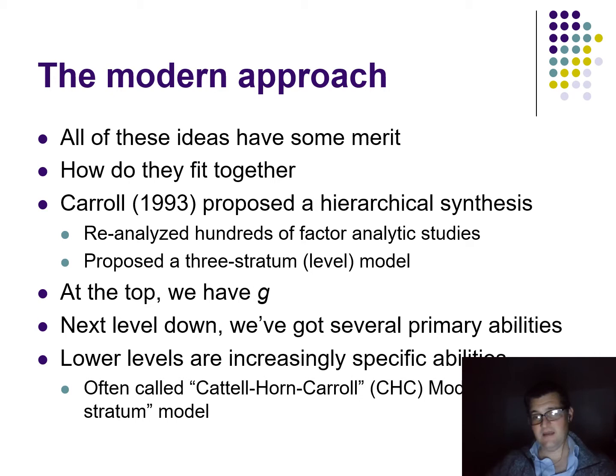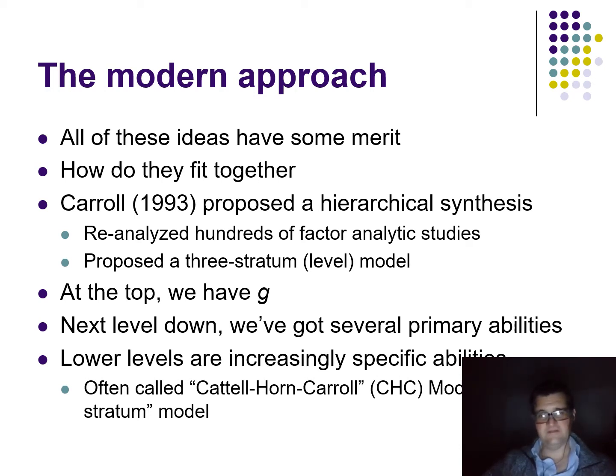And then at the lowest level, there are increasingly specific abilities, like test factors, such as perceptual speed, which is tested with things like: here's a block of letters, go through and cross out all of the A's in this. You can recognize those things fast and cross them out. That's deeply specific and relatively unimportant in and of itself.